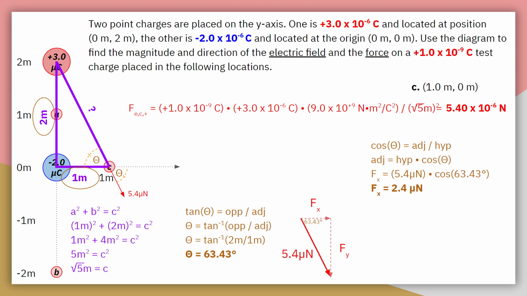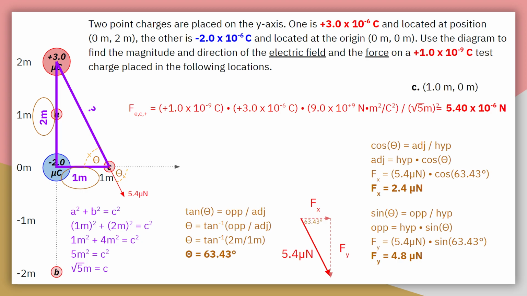We would end up with a horizontal component of force of 2.4 micronewtons to the right. We can do the same thing with sine to figure out the vertical component, which would be 4.8 micronewtons pointing downwards.